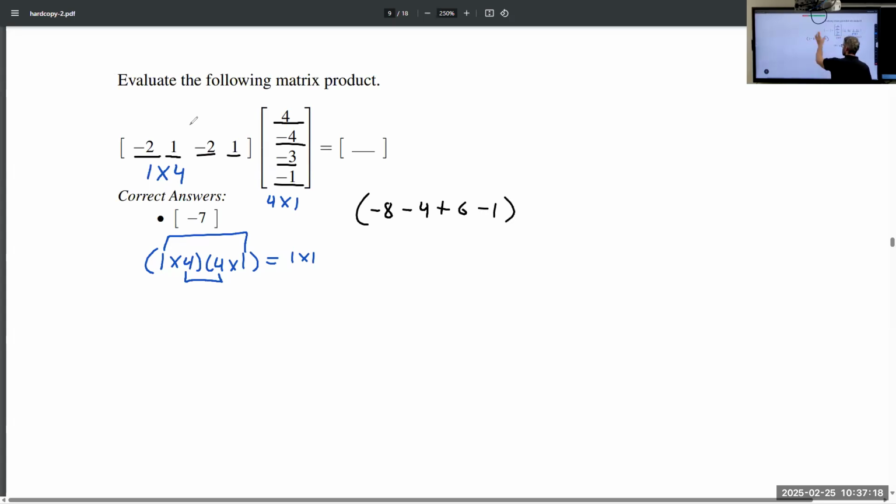This will add up to one number. So this is the matrix, which is a 1 by 1, and it's just the number -7.